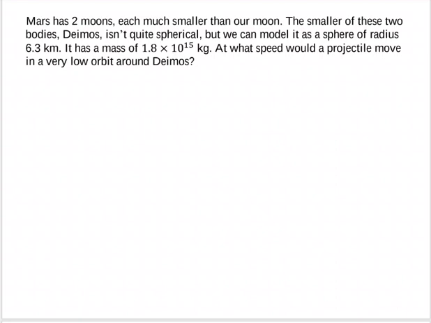So we have a formula for a ground skimming orbit that we learned. GM over radius squared.